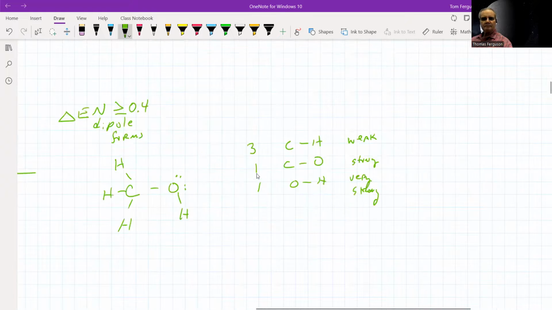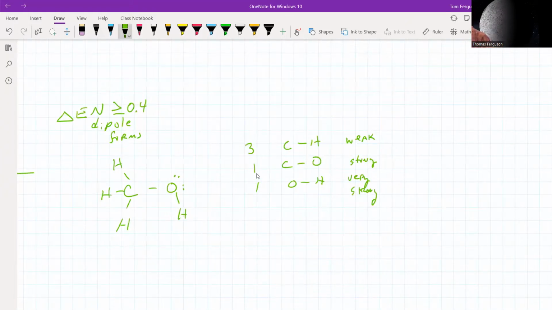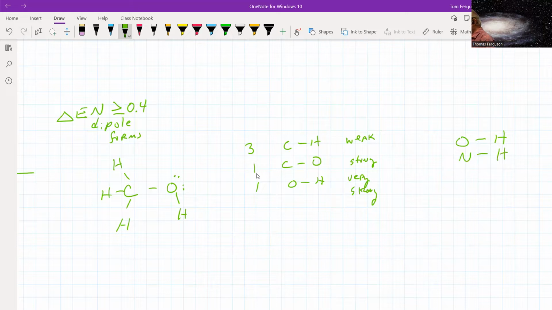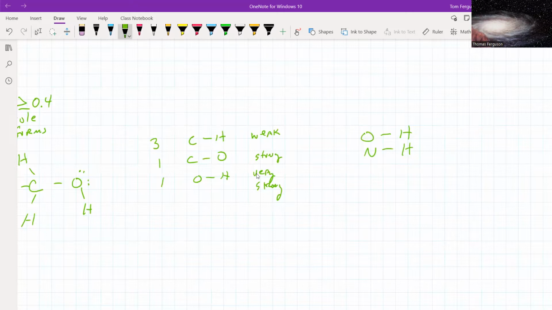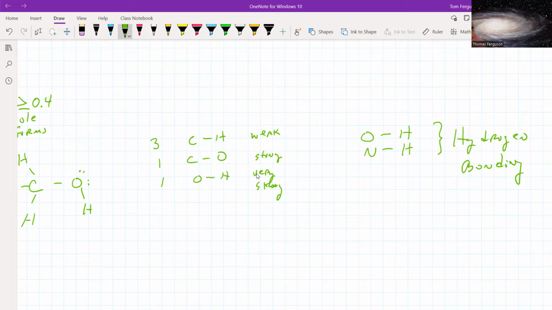So whenever we have an oxygen bonded to a hydrogen or a nitrogen bonded to a hydrogen, that's a special kind of bond called a hydrogen bond. The O-H is stronger than the N-H.